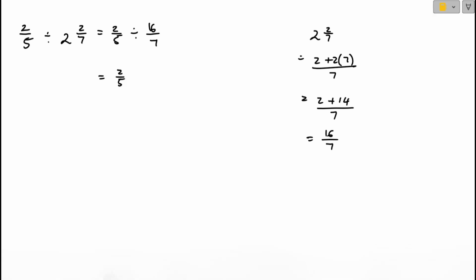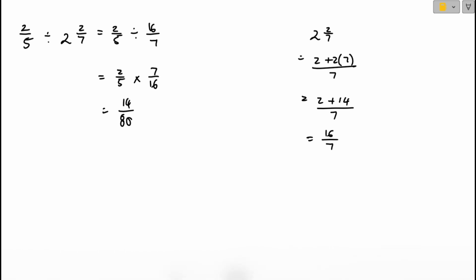Okay, remember, keep the first fraction the same, change that to multiplication, and the reciprocal of this will give us 7 over 16. So 5 times 16, that will give us 80. And 2 times 7, that will give us 14.